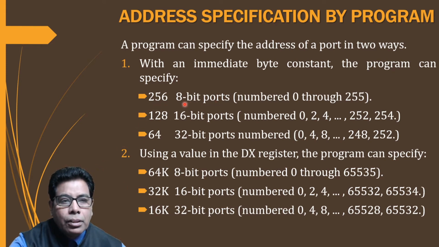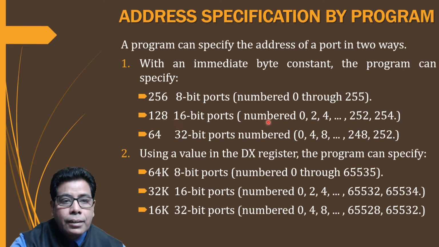Since this is an immediate byte constant, the maximum value will be FF in hexadecimal, which is equivalent to 255 in decimal. So we have 256 8-bit ports, and if we take 16-bit ports, it will be 128 ports.